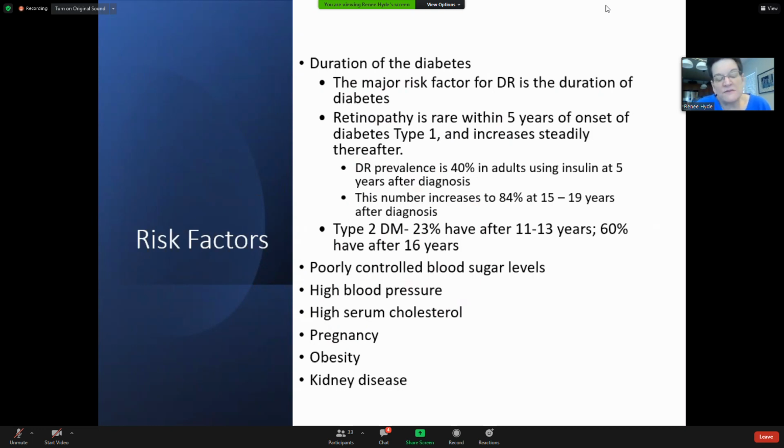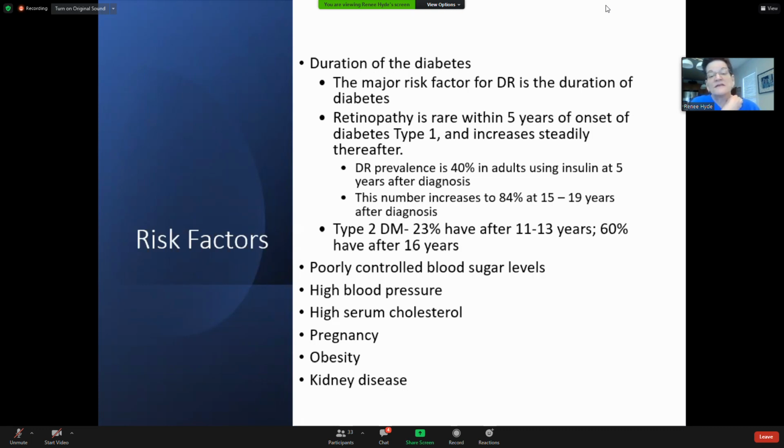With our patients with type 2 diabetes, about 23% have diabetic retinopathy after 11 to 13 years, but after 16 years, about 60% have it. So if we've got an 8-year-old that's developed type 2 diabetes, when they're in their early 20s, the chance of them developing that retinopathy is greatly increased.